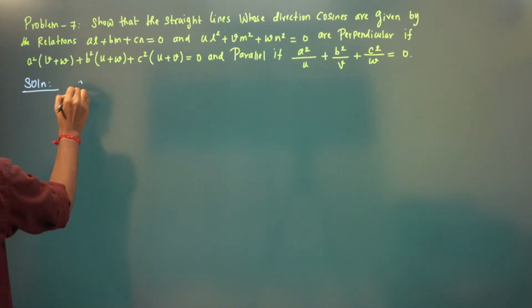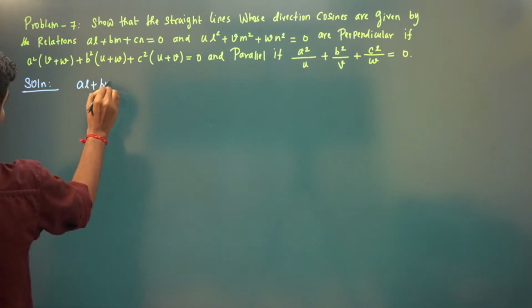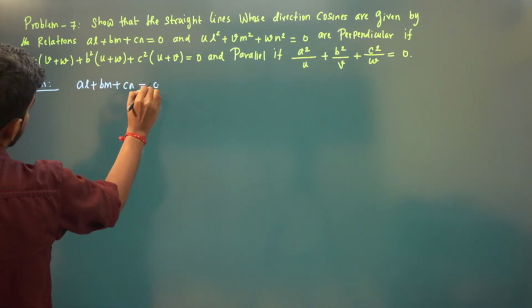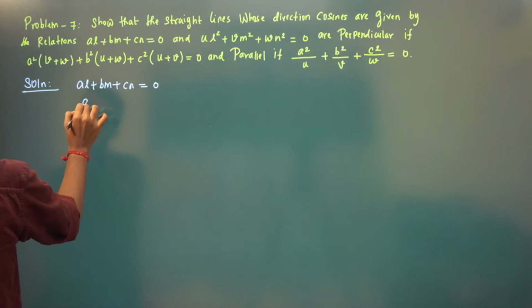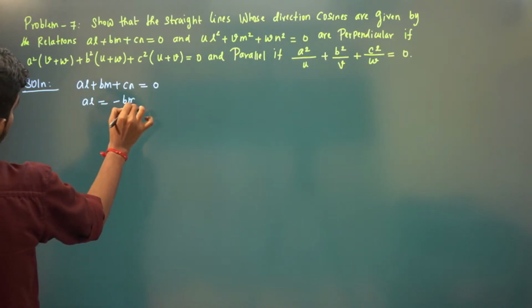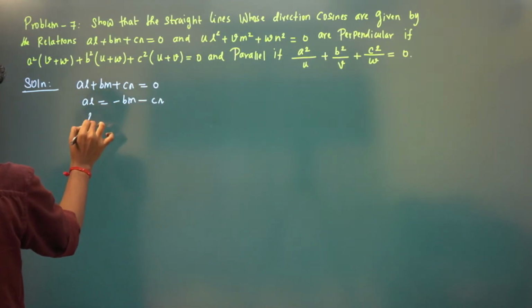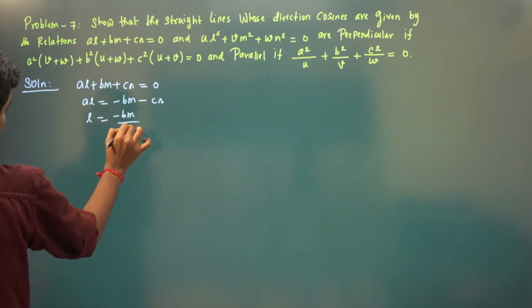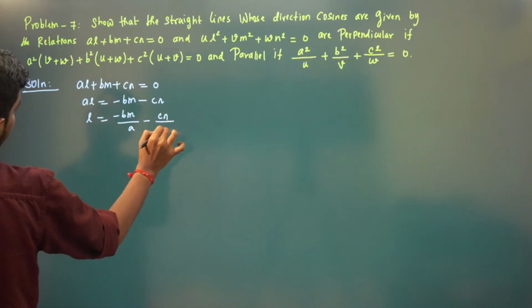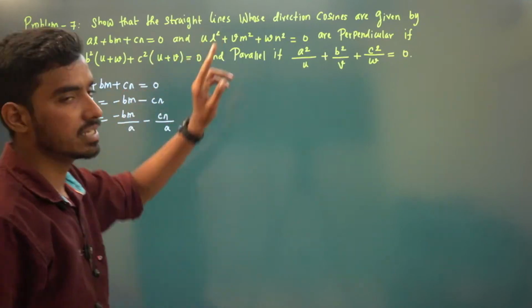Now let's take the first equation: AL plus BM plus CN is equal to 0. So AL is equal to minus BM minus CN. So L is equal to minus BM by A minus CN by A. Substitute this L here.